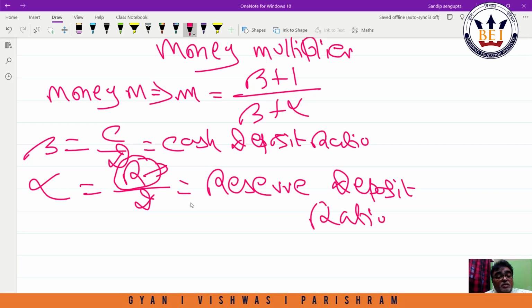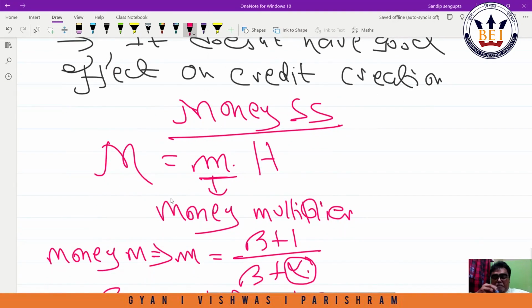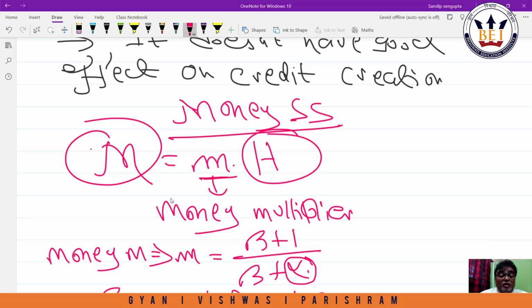As R is increasing, the value of alpha is increasing, so obviously the money multiplier is decreasing. Money multiplier is positive, and decreasing means its value is decreasing. This is the way to answer in CA.